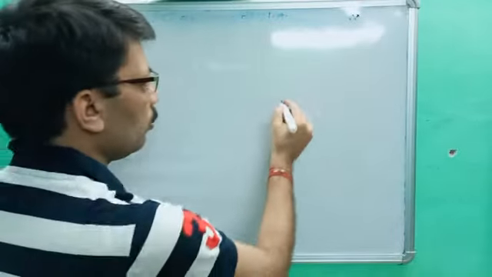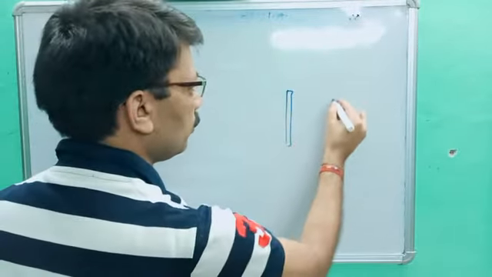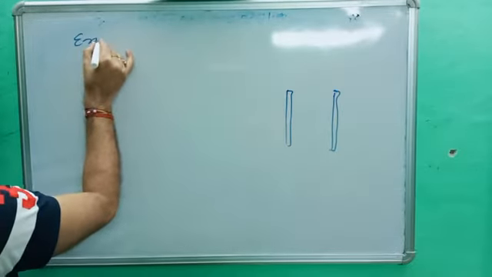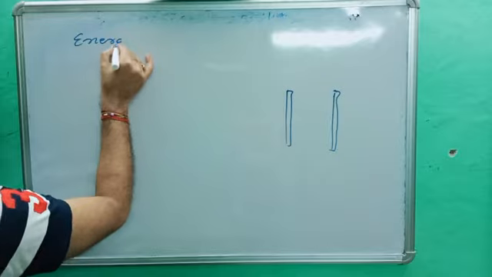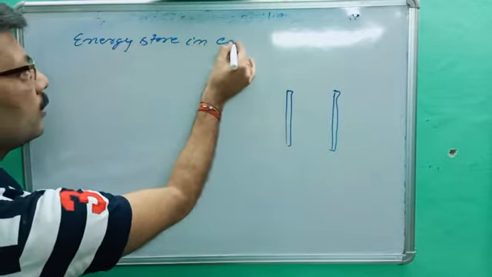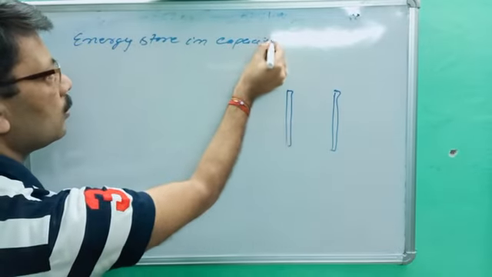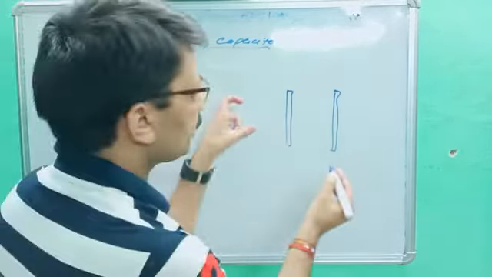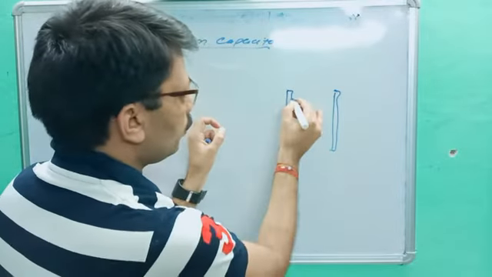So see the point. Let's suppose two plates are there. Our question is the energy stored in a capacitor.